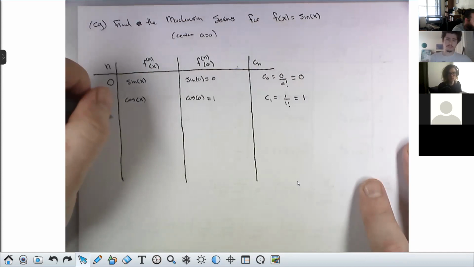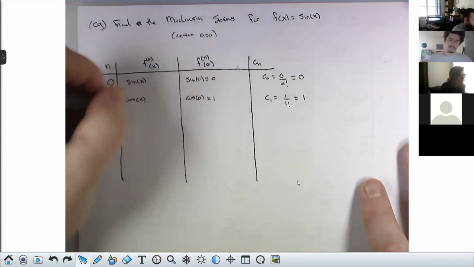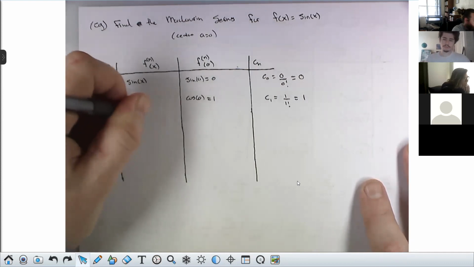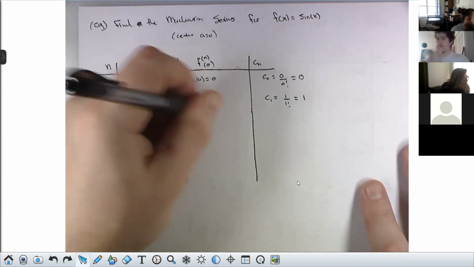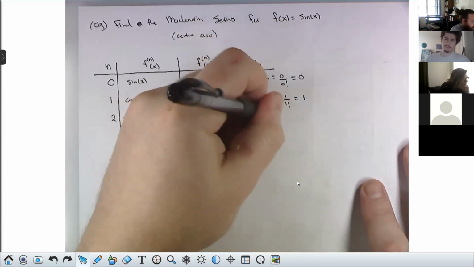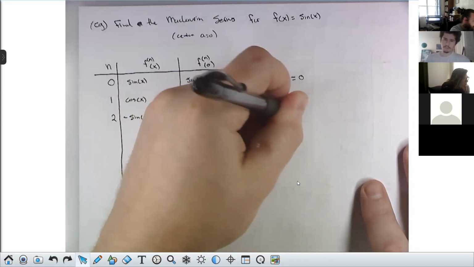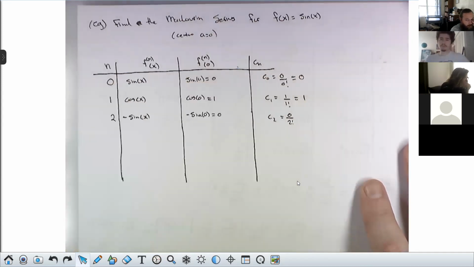If I go for n equals 2 now, I differentiate again, the derivative of cos x is negative sine x. If I plug 0 into that, the negative sine of 0 is just 0. So C2 is 0 divided by 2 factorial, which is again 0.